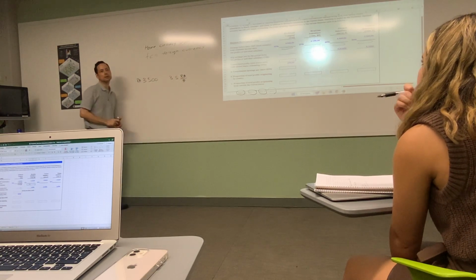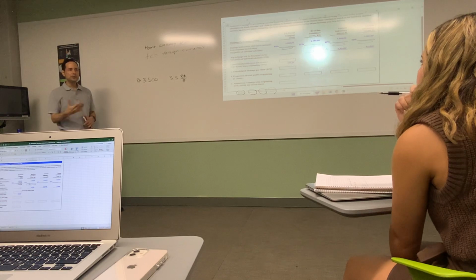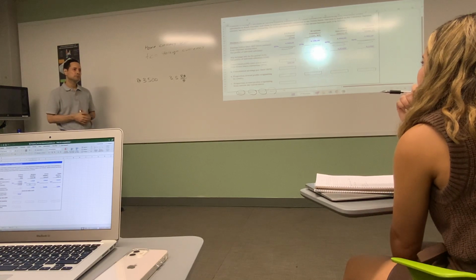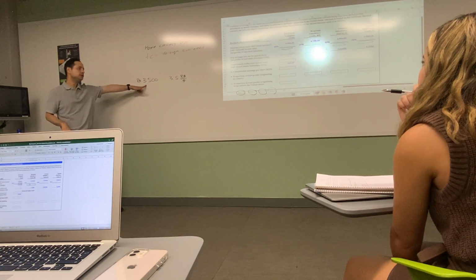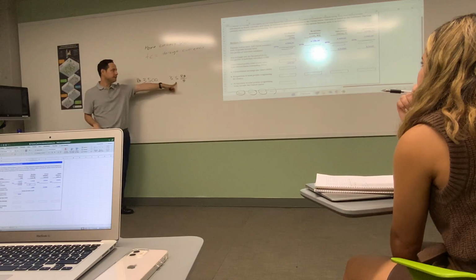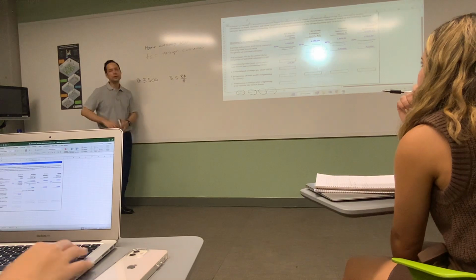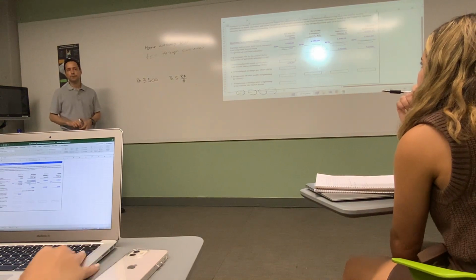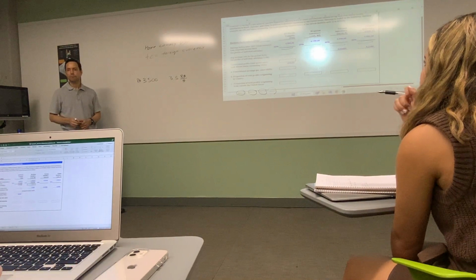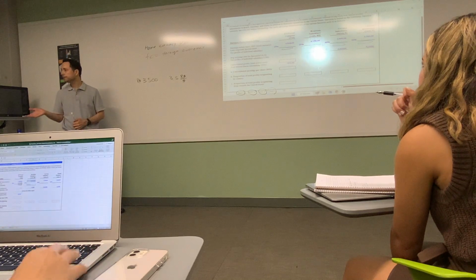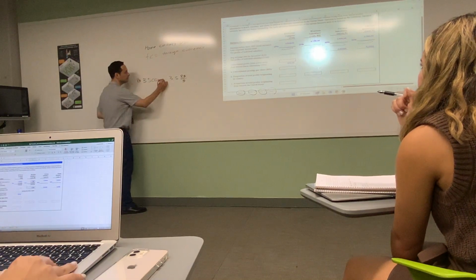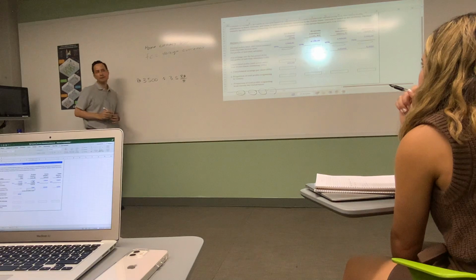Okay, so how do you convert? What do you need to do? What operation? You have 3,500 reals. This is the exchange rate, 3.5 reals for $1. What do you need to do? Divide. Yes. So the rule is simple.